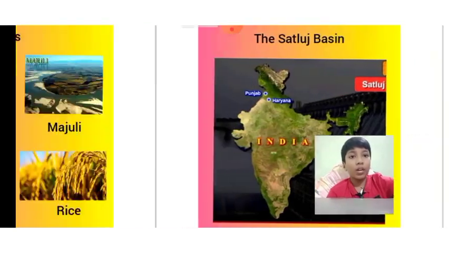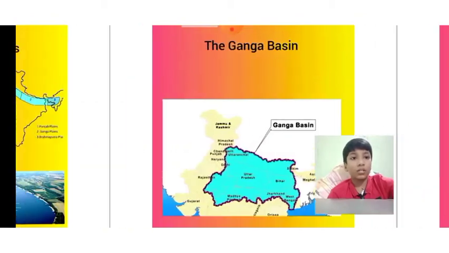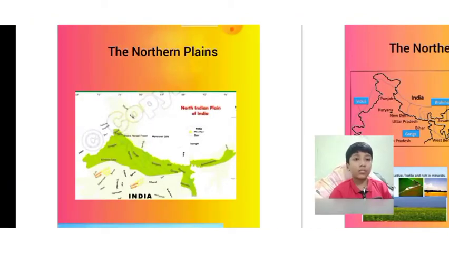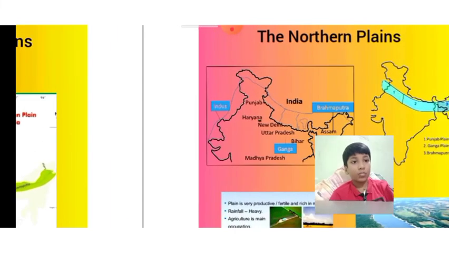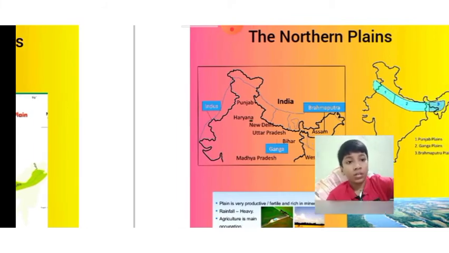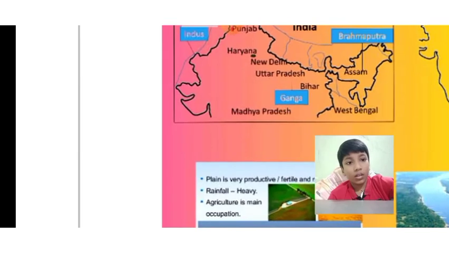Now we will recall all that we learnt. We learnt about northern plains. It is very flat and fertile, and very rich in minerals. It covers states like Punjab, Haryana, Uttar Pradesh, Assam, Bihar, and the rainfall is heavy in this place and agriculture is the main occupation.